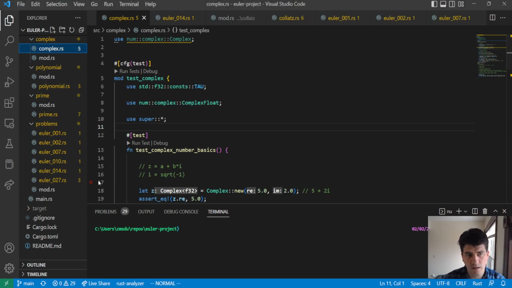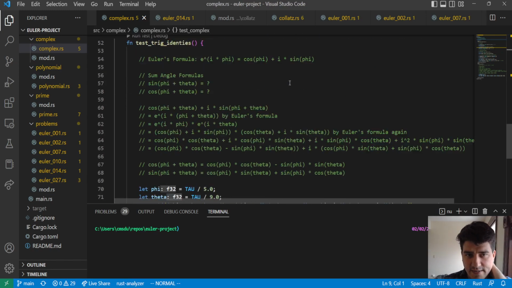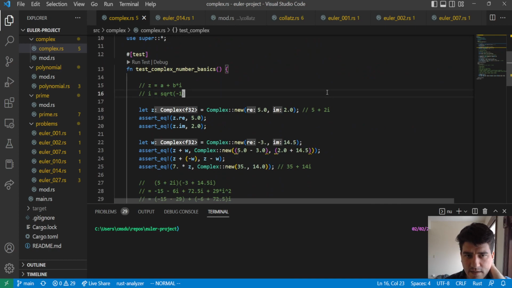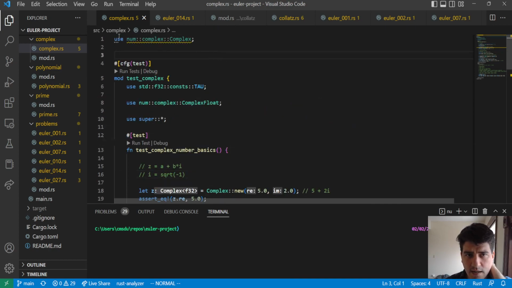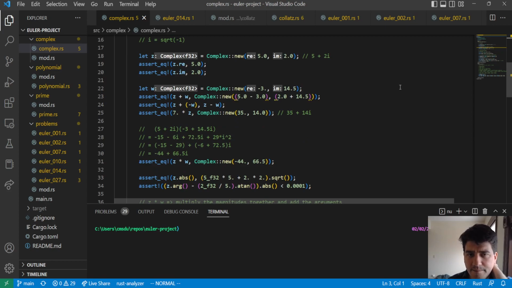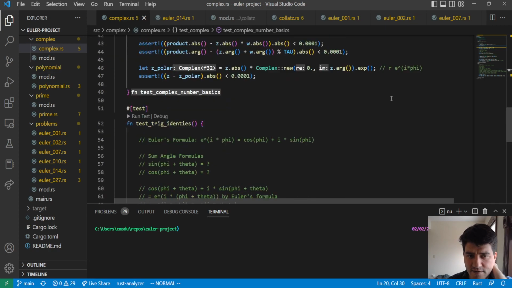I had already put together, for the previous video, I'd implemented complex numbers, had I? Oh no, I just imported them. The thing about complex numbers this way is that they use floats internally. I don't think I want to use floats internally.